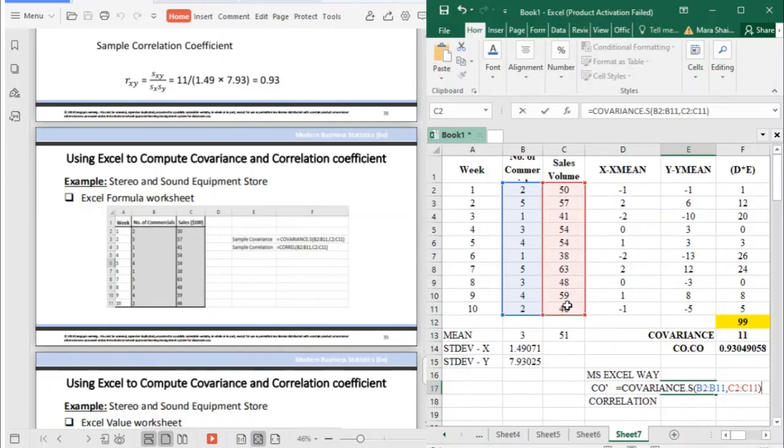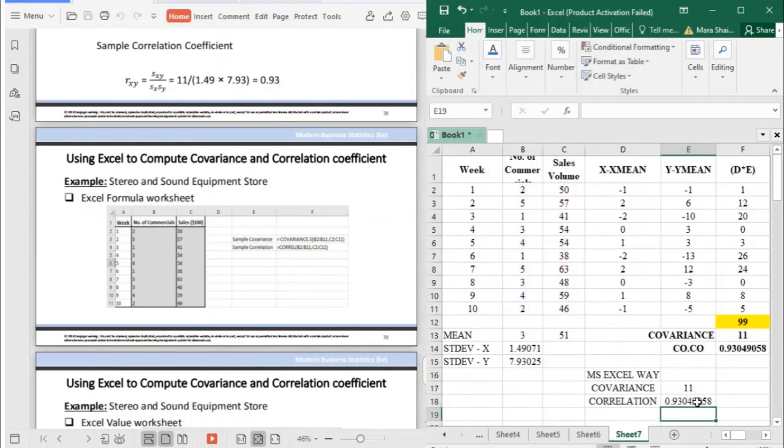As long as you've given the two data values, it would still arrive at the same result. So again, you have 11, and then for the correlation, you simply make use of the function CORREL, and then again select your two data values for X and Y. And as simple as that, that's how you get the covariance and correlation using the Excel way.